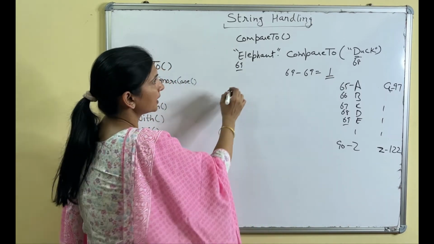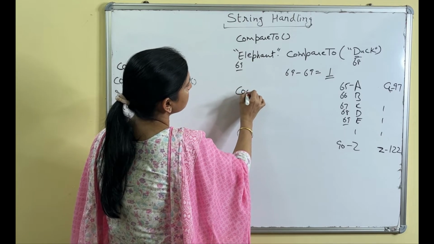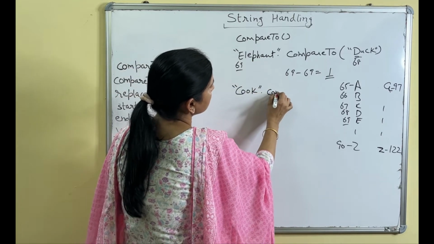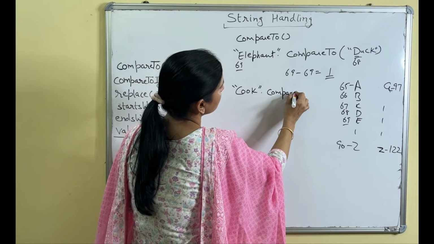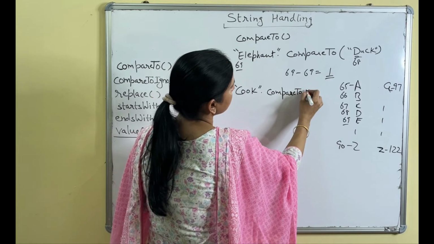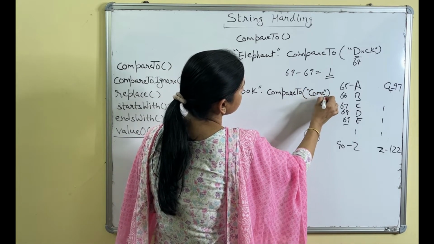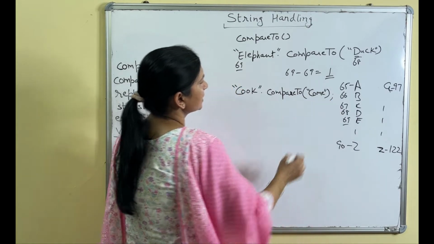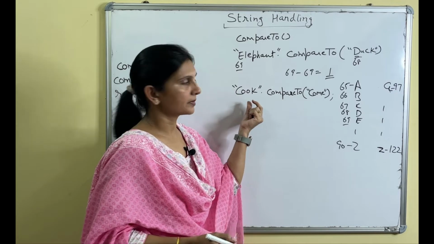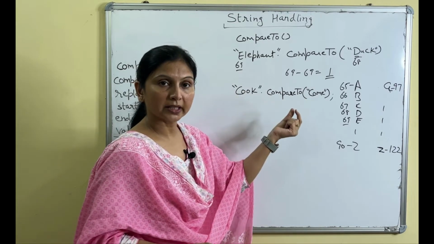One more example I am taking, like cook dot compareTo, we can take any other string, let it be come. In these two strings, the first character is the same, capital C, here also capital C. So it will move to the next.